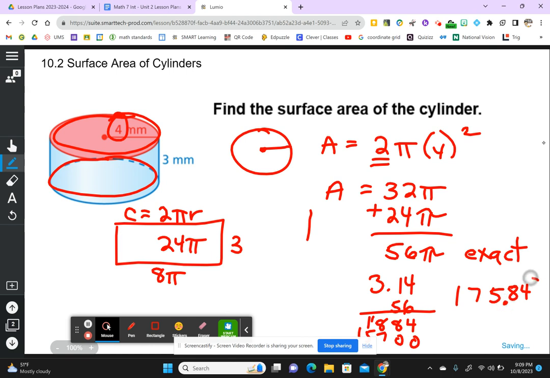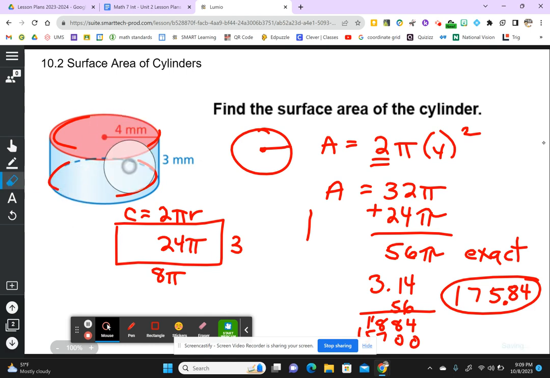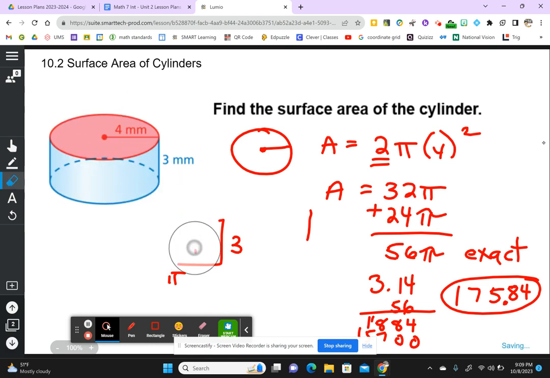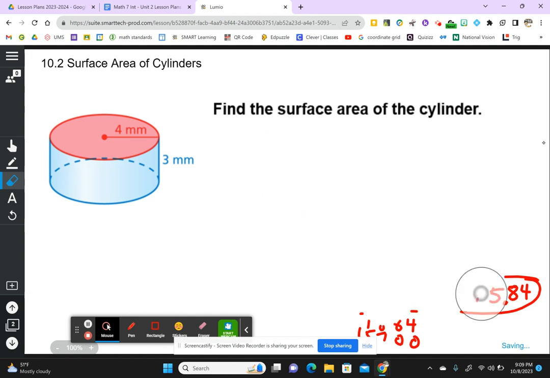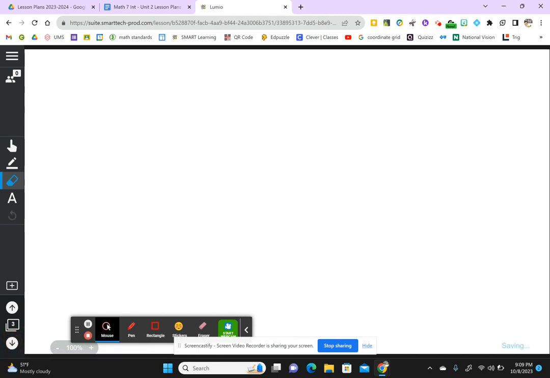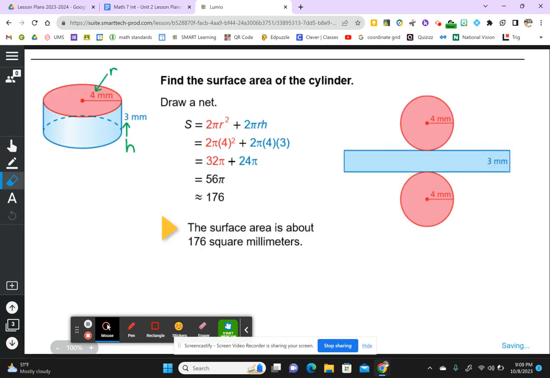So it's 175.84 millimeters. And we will turn the page to confirm. And it's 176 square millimeters.